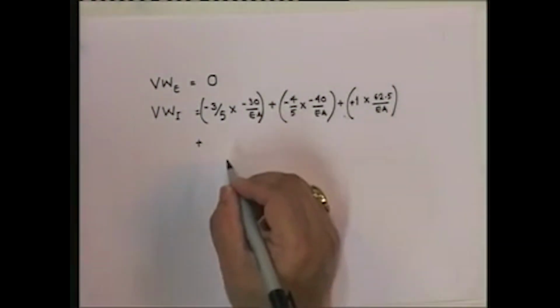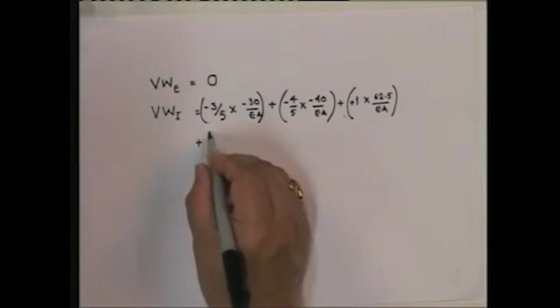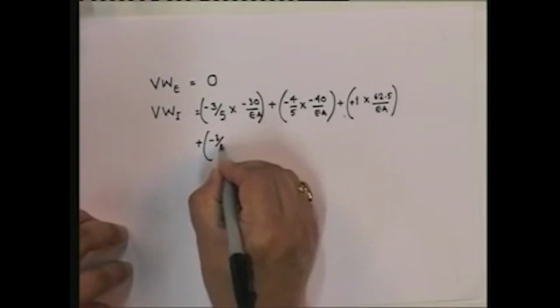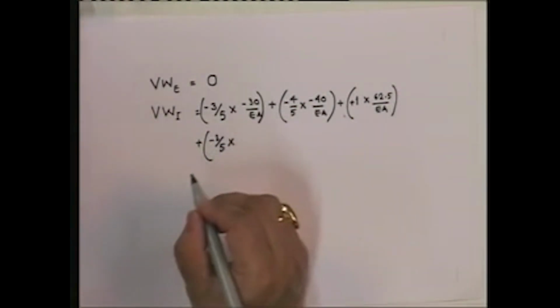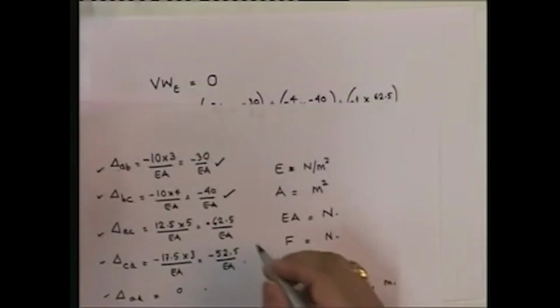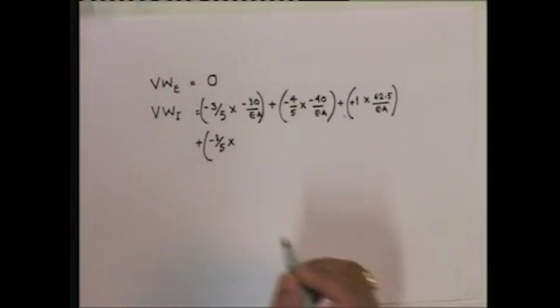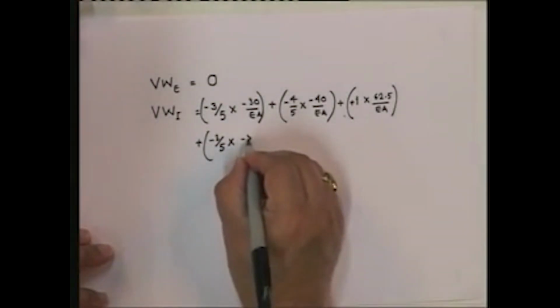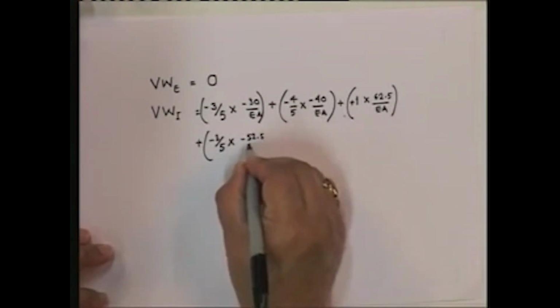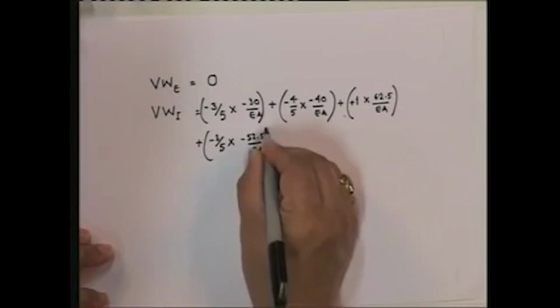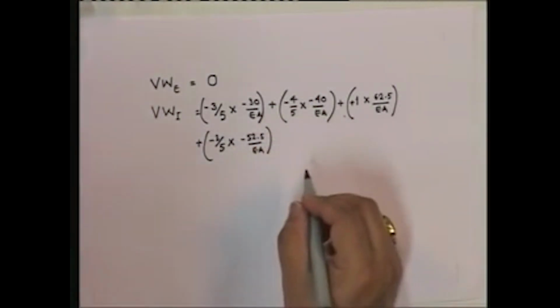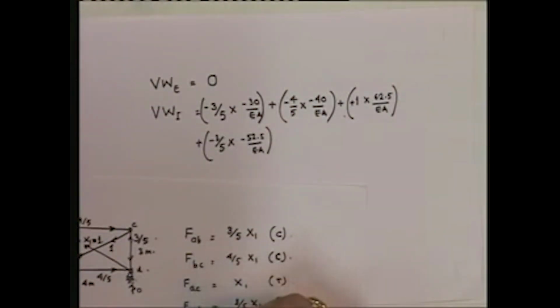Next is CD. What is the force? 3 by 5 in compression. So the virtual force is minus 3 by 5. What is the real deformation in CD? The real deformation in CD is 52.5. So that is minus 52.5 upon EA.